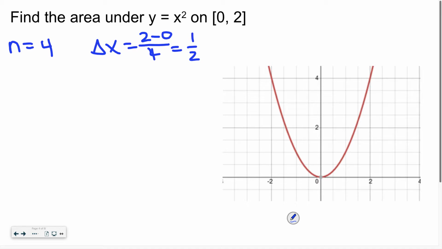So now what we are doing, if you go to your graph, is we're taking from 0 to 1/2, and we're finding the y values at each to make a trapezoid. From 1/2 to 1, we're finding the values at each, and we're making a trapezoid. From 1 to 3/2, we're finding the y values at each, and we're making a trapezoid.